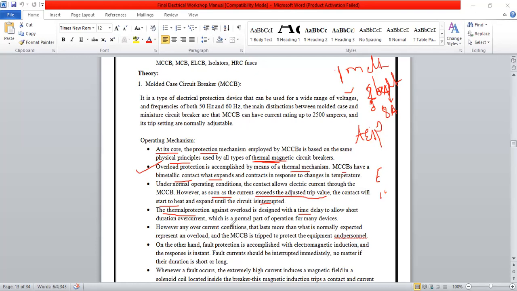At that situation this MCCB will trip and protect the equipment and the personnel, the worker as well as the equipment.